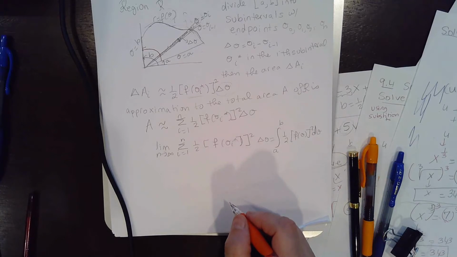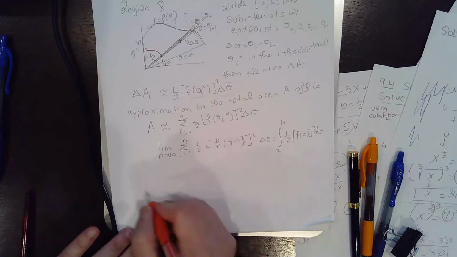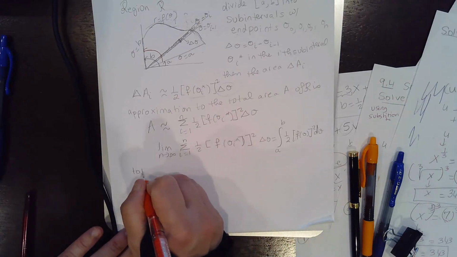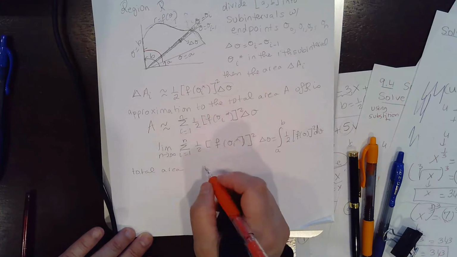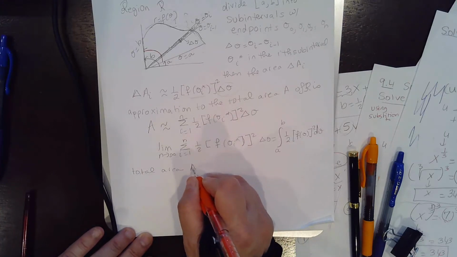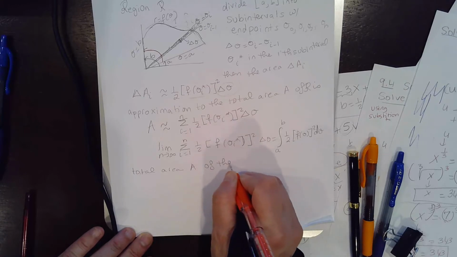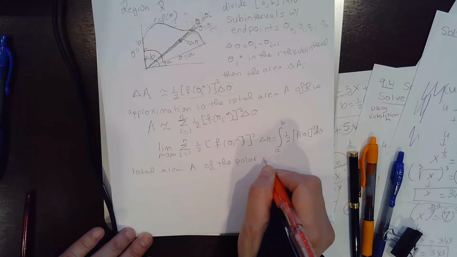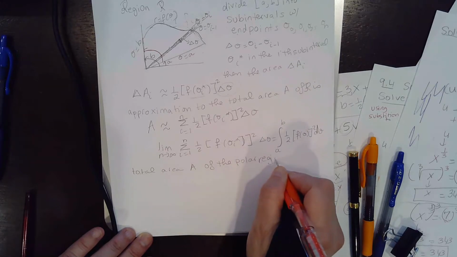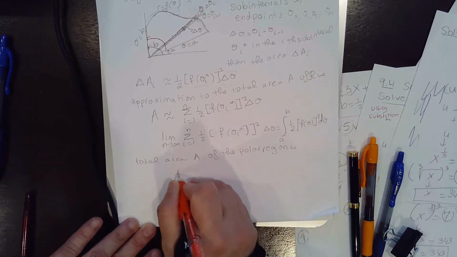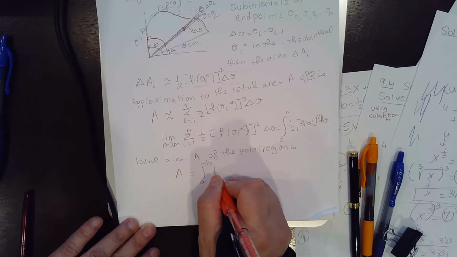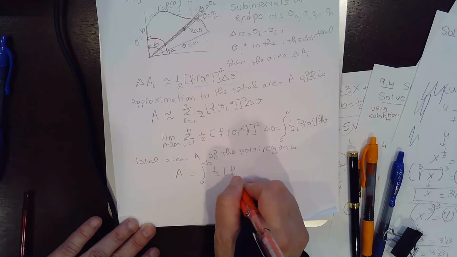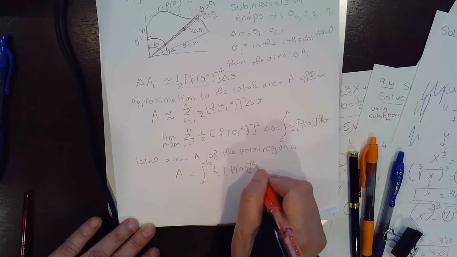So the total area of the polar region, or the formula of the area, A equals the integral from a to b of 1/2 f theta squared d theta.